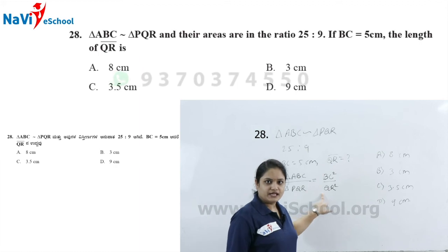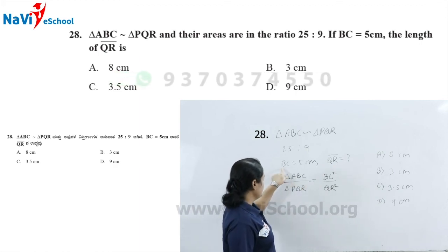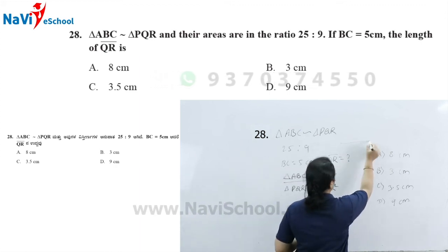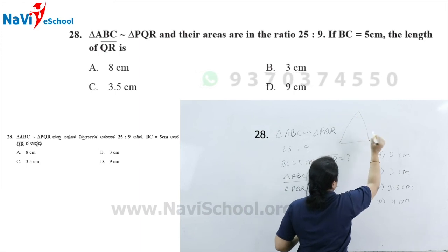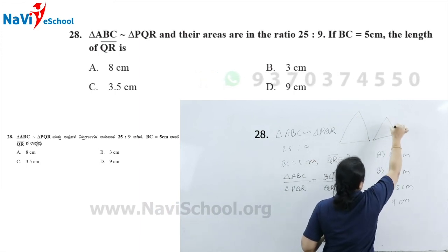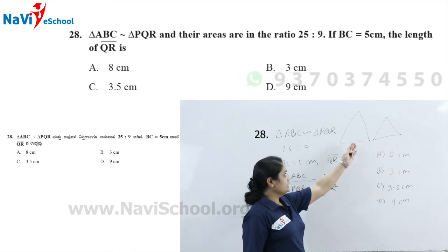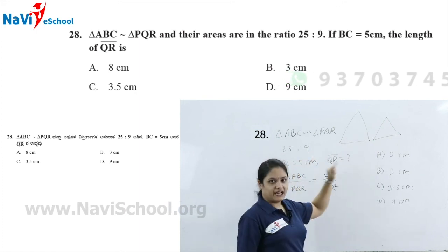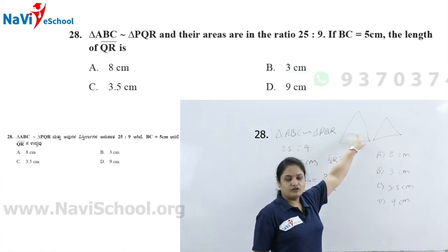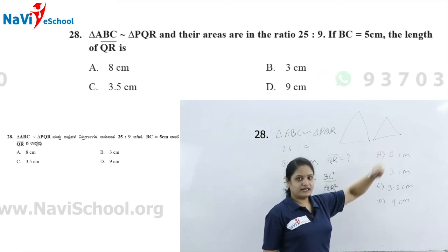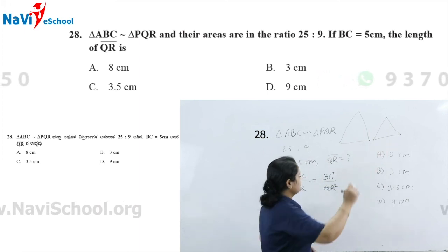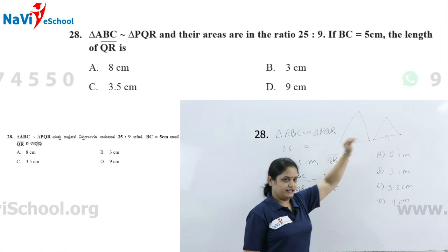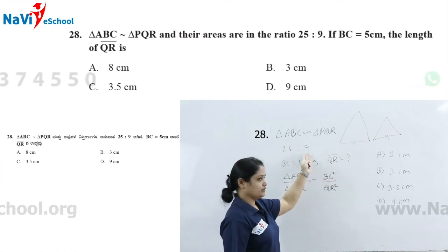I left the other two sides because we know already BC is equal to 5 centimeter.